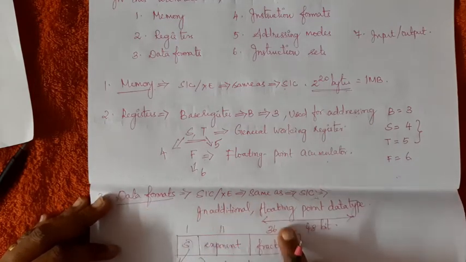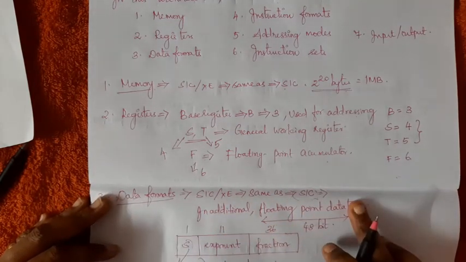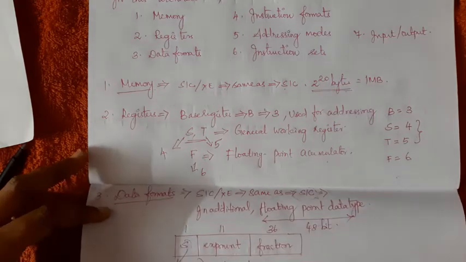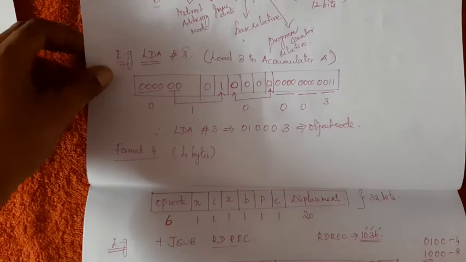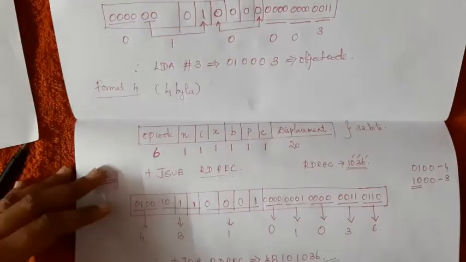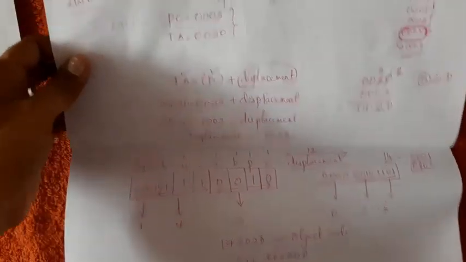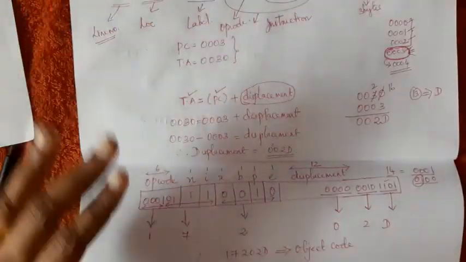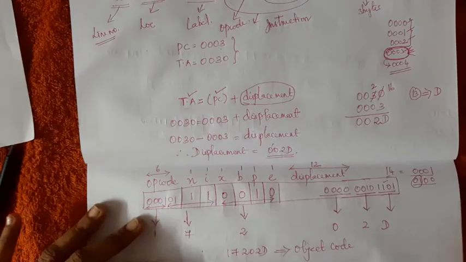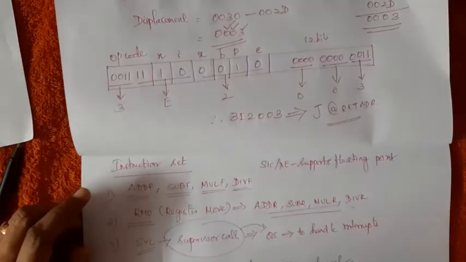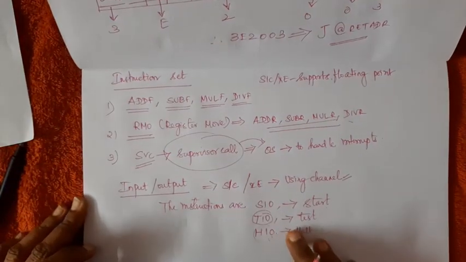In data formats we have seen the floating point data type, which SIC does not support. In instruction formats we have seen 4 formats, and in addressing modes 5 types, each explained with an example. We also have seen the instruction set, and finally the input and output channels in SIC/XE.